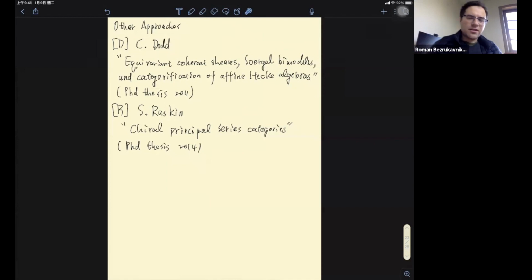Maybe there's a better way to say it, but I like thinking about it this way. Imagine you have a constant family G mod B with fiber G mod B squared. Then for every element in the group, you can consider just the graph of the action of this element. So it's a copy of G mod B, which varies inside G mod B squared.